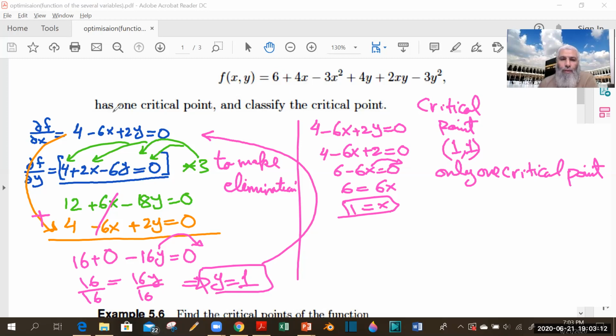So it said there is only one critical point. We did it. Classify the critical point.